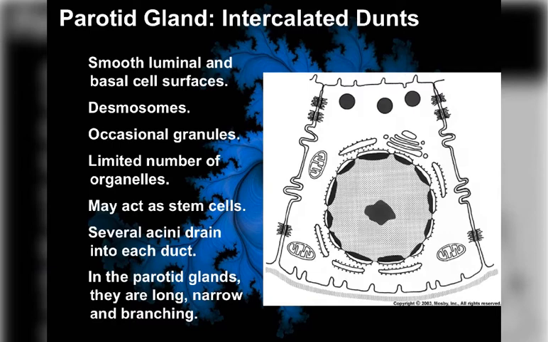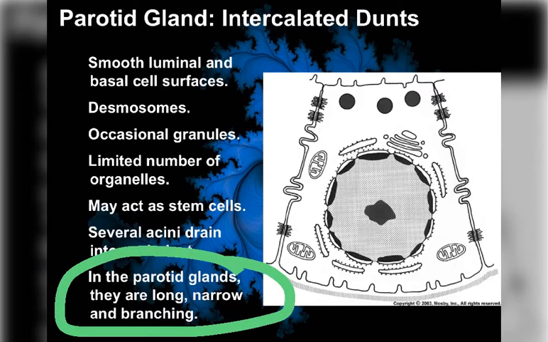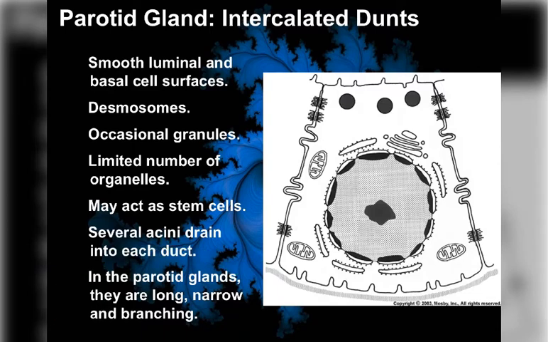Several acini drain into each duct. In the parotid gland, they are long, narrow, and branching. This is important, and this is a difference between the intercalated ducts of the parotid as compared to the submandibular.